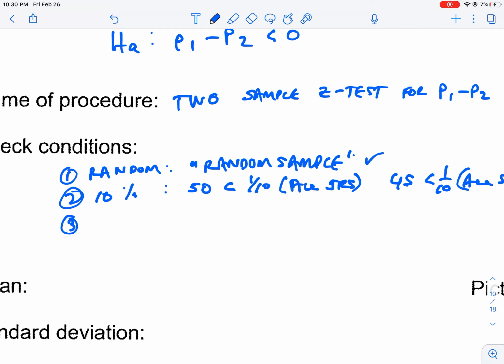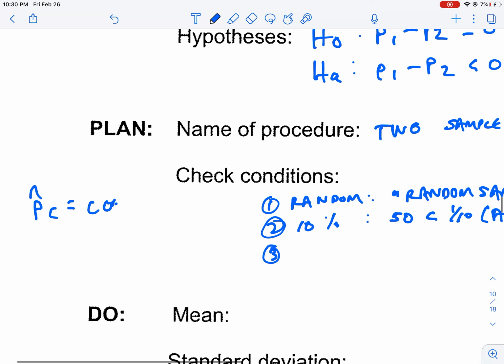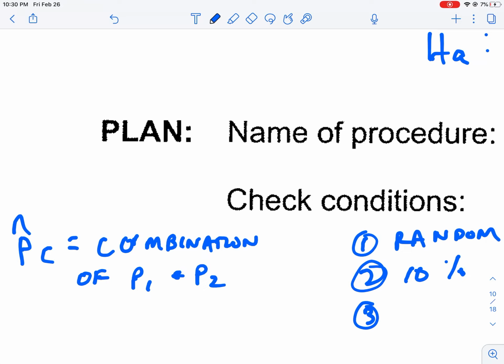Third is large counts. And for consideration of this 2-sample z-test, we need to sidestep and talk about a concept called p hat sub c. Now, p hat sub c is equal to the combination of P1 and P2.